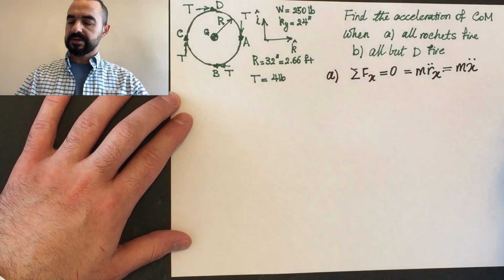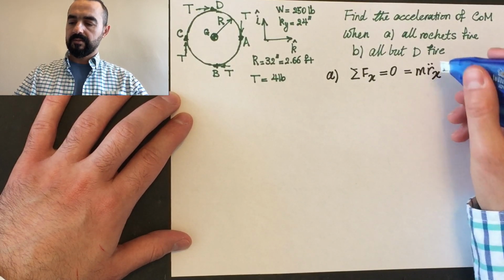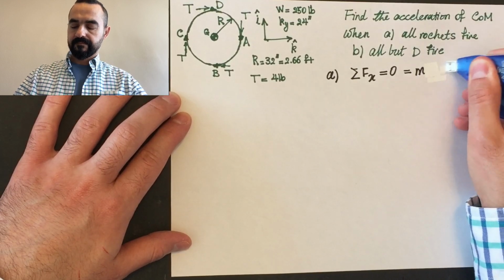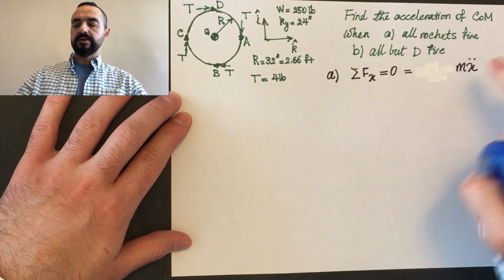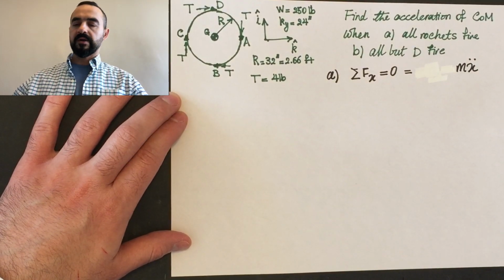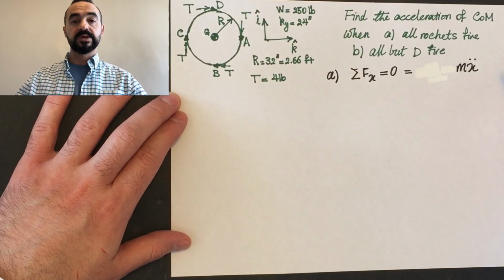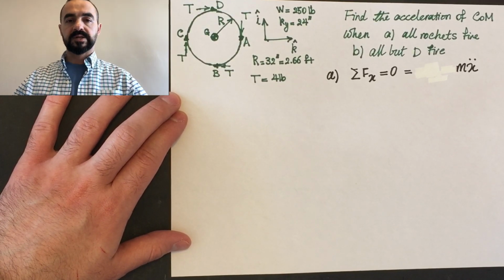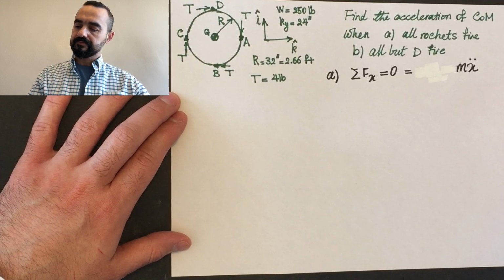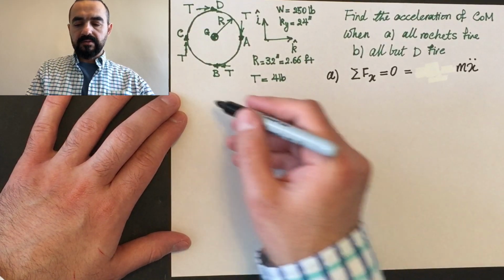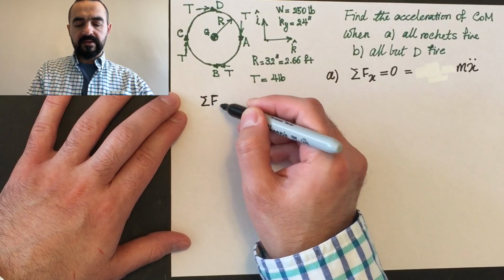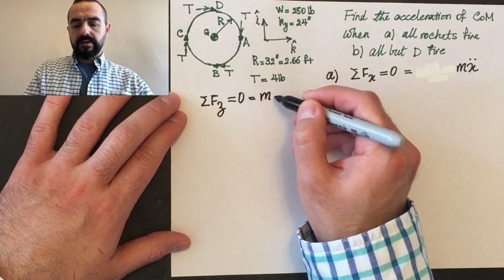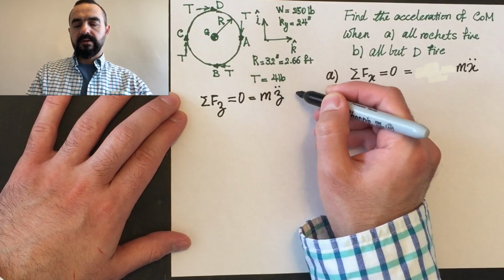So I'm going to clean this, and I'm going to use x, y, and z to describe translational position, and then translational acceleration of center of mass. And also, sigma Fz is going to be equal to 0, meaning that m z double dot is also equal to 0.